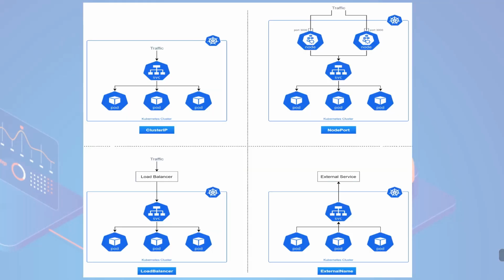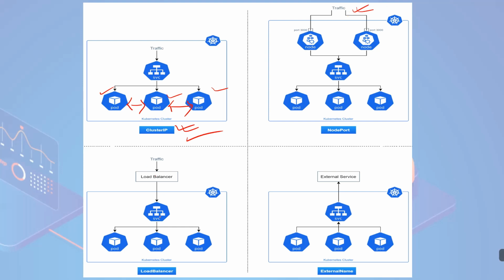Let's understand in this diagram what ClusterIP is. This is the ClusterIP, and ClusterIP can communicate within the cluster. Suppose we have three pods, then we can communicate with these three pods through the ClusterIP. With NodePort, we can access our application from the outside world, meaning inside the browser we can access our application.